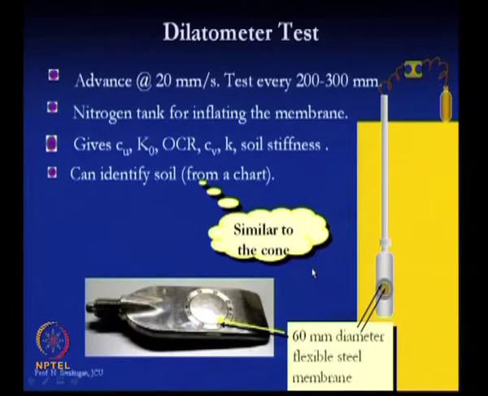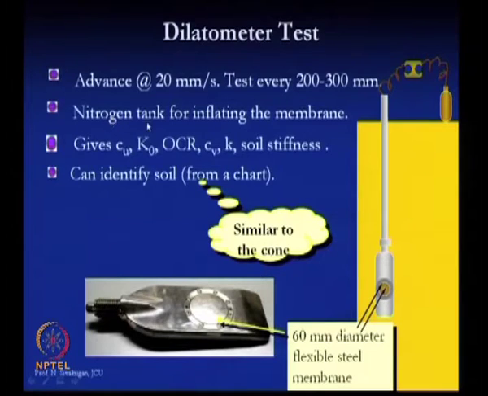So, the next test is the dilatometer test, which is a similar type of test, where the probe is advanced at a rate of 20 millimeter per second and tested every 200 to 300 millimeter. A nitrogen tank is used for inflating the membrane, which is a 60 millimeter diameter flexible steel membrane.